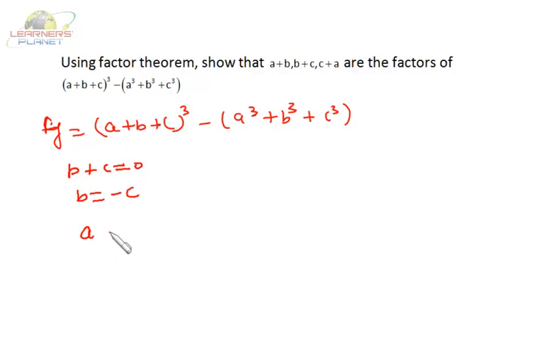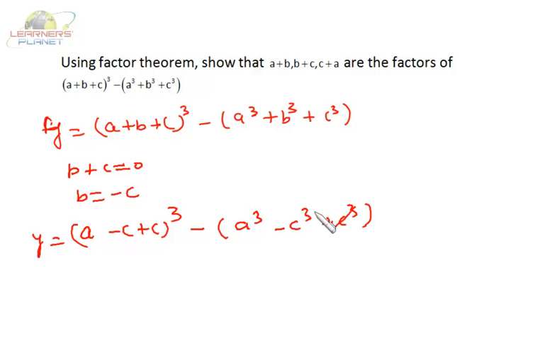So a minus c plus c whole cube, then minus a cube, it's minus c whole cube, that will be minus c cube, and then plus c cube. So it's a cube minus a cube. Further we are getting 0. That means b plus c is also a factor of this expression.